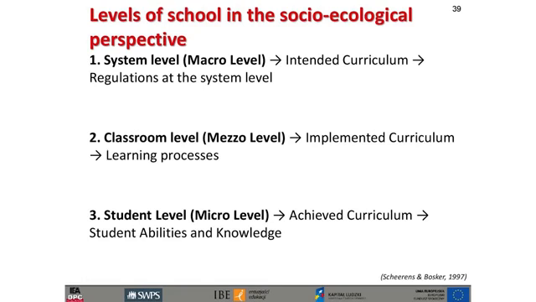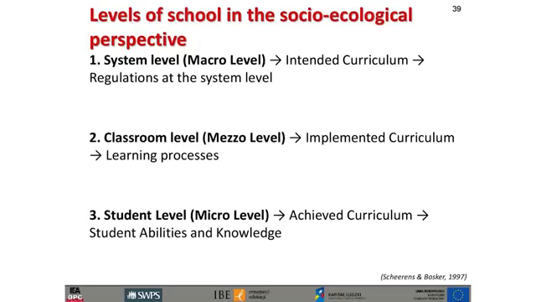Deriving from this perspective, we can differentiate three different system levels, namely the system level, the classroom level, and the student level, and of course also have different focuses while evaluating them. The system level is mainly concerned with the intended curriculum.